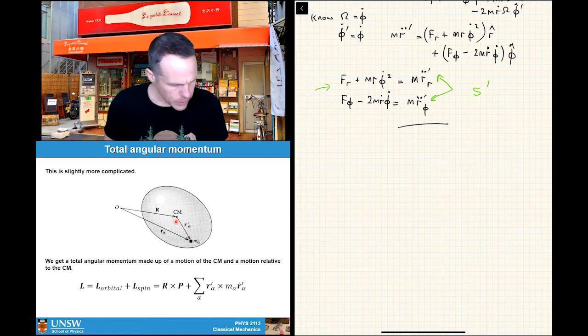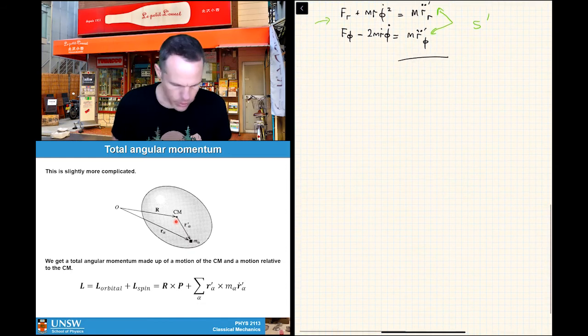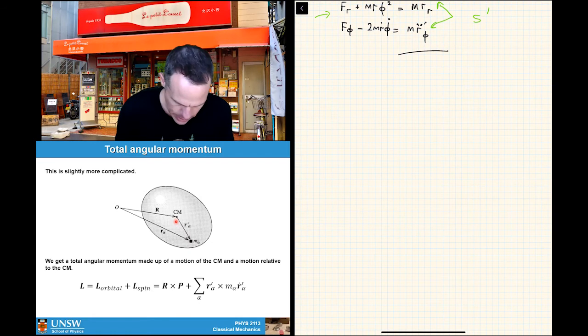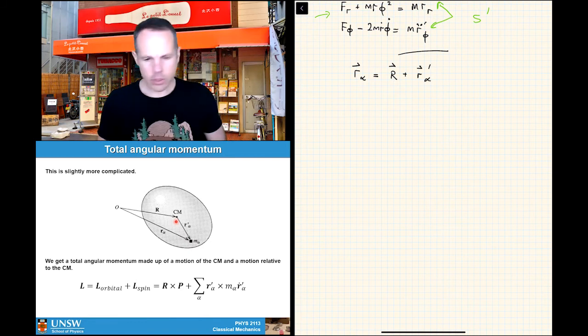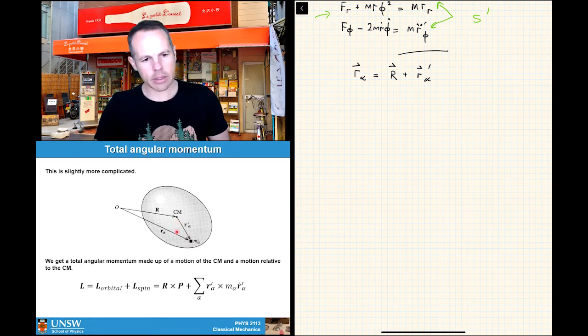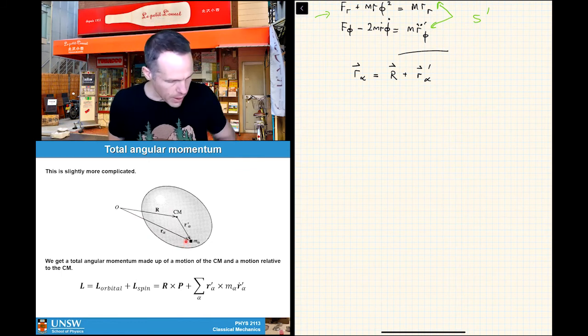All right, now we start this thing with just a nice little vector sum in here. So we have R alpha is equal to R plus R alpha dash, okay? So all we've basically said in here is that this vector plus this vector is equal to this vector, okay?